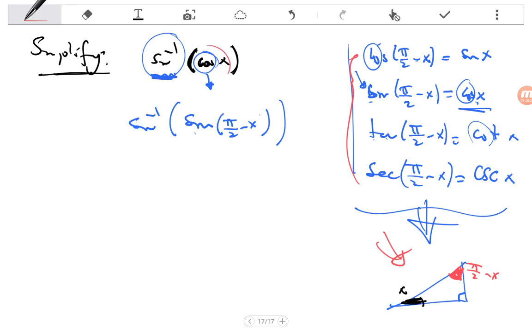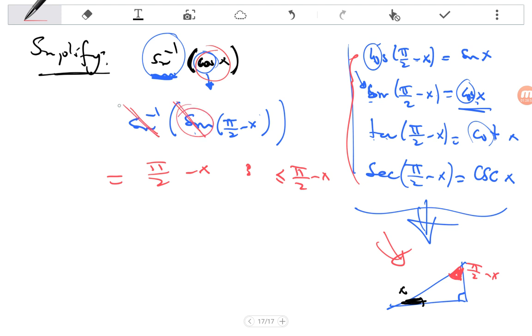So if I have just expressed the cosine x as sine of pi over 2 minus x, in that case I will just say that the result would be pi over 2 minus x, and that is correct only for pi over 2 minus x in the restricted domain of sine.